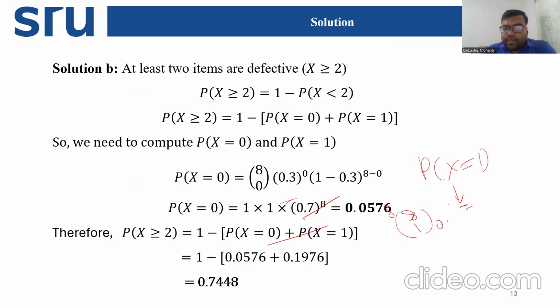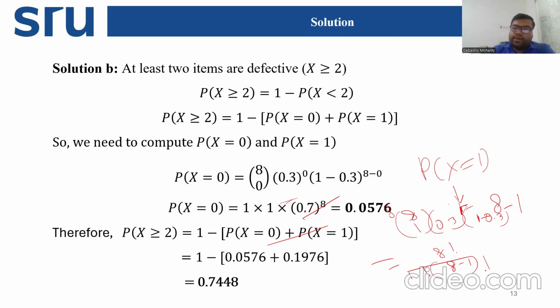So 8C1 times 0.3 to the power 1, that is the k value, then 1 minus 0.3 to the power n minus k, that is 8 minus 1. 8C1 we can calculate: 8 factorial divided by 1 factorial into 8 minus 1 factorial.